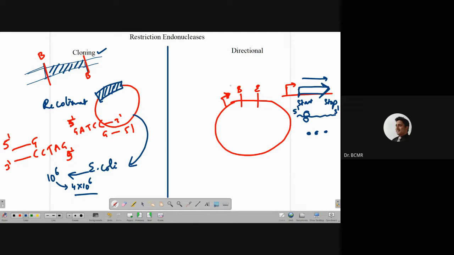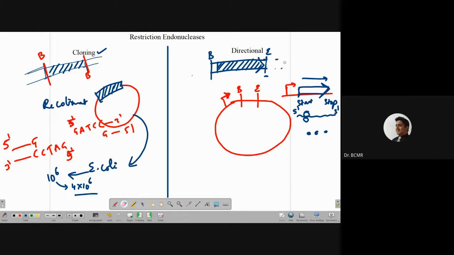Okay. So now ideally the gene of interest should have BamHI and EcoRI sites, or we should look at isocaudomers that may be compatible. For simplicity, I will describe it this way. Say, for example, if this is the gene of interest and the start and stop codon are in this way, then you cut the gene of interest and also the vector, so that you will get respective overhangs, and they are already compatible.